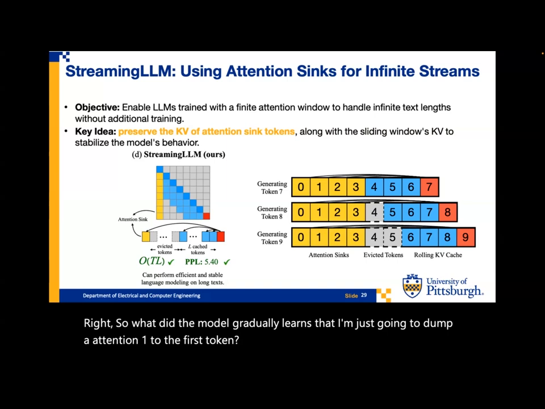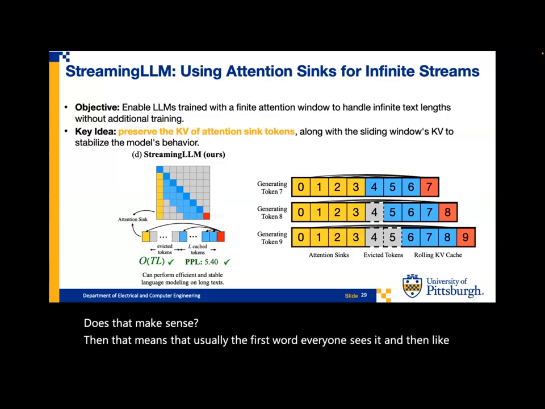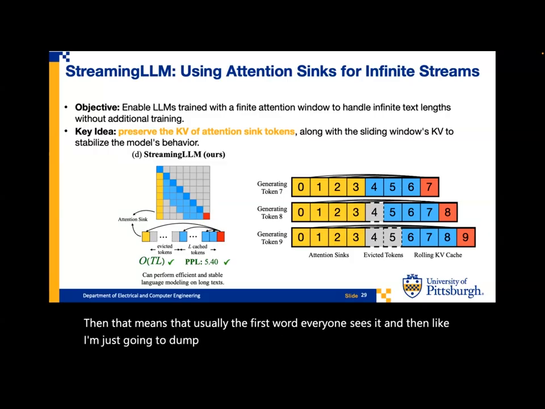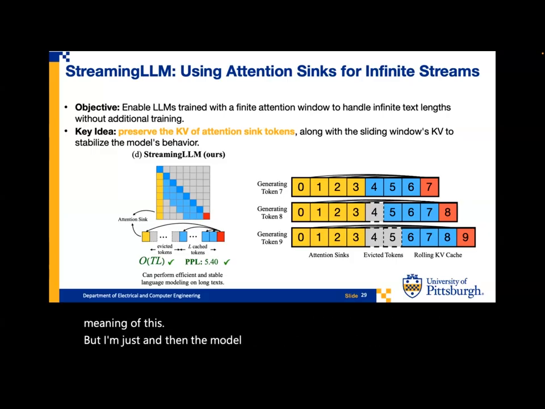Does that make sense? Usually the first word, everyone sees it. And so I'm just going to dump my whole attention on that word. Actually, I could dump it on anyone, and that doesn't change the meaning. But the model just learns to dump its attention on the first token.